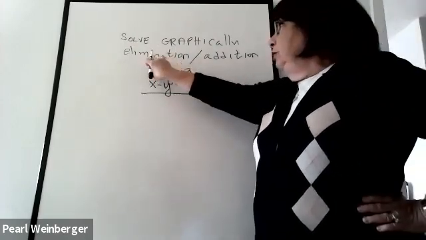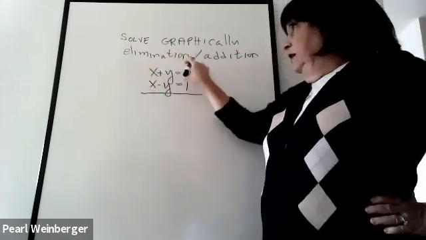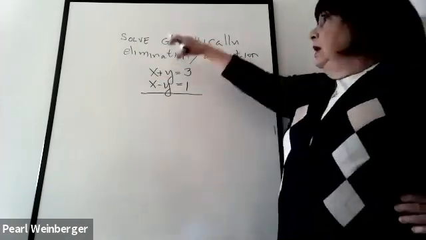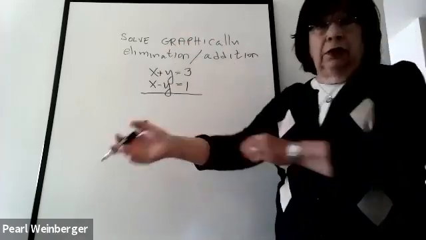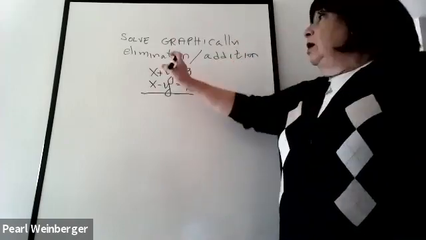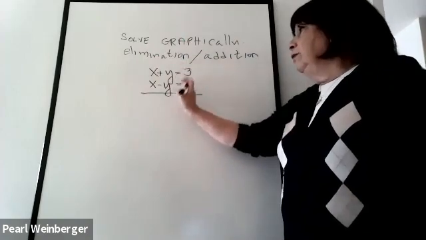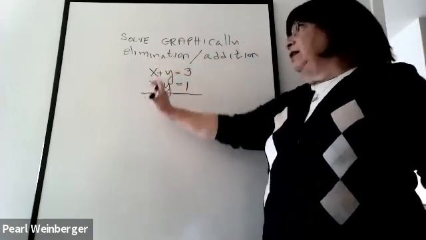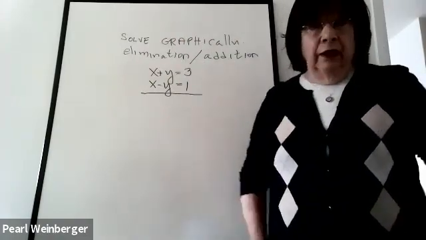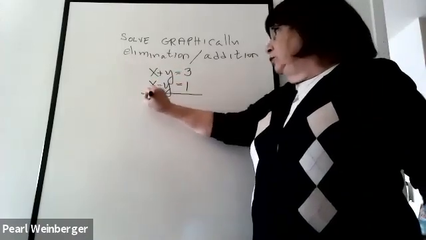Notice when you have two things that are equal, x plus y equals 3 is one set of things that are equal, x minus y equals 1 is another. If you add equal things, your answers are going to be equal as well. So let's add these two equations down. I can do that as long as I've lined up my x's and my y's and my equal signs and my numbers, and that's exactly what I have in the standard form of the equations. So adding the first x plus x, that gives me 2x.